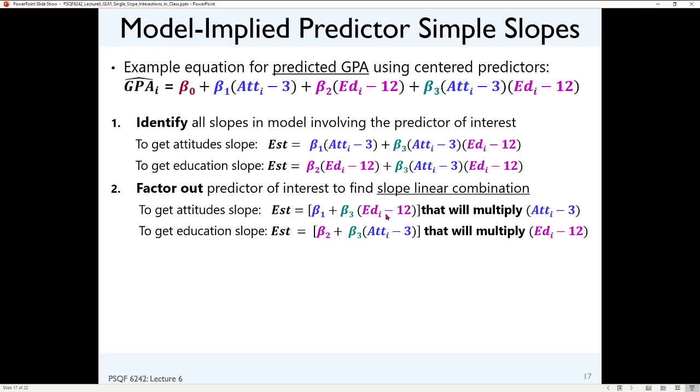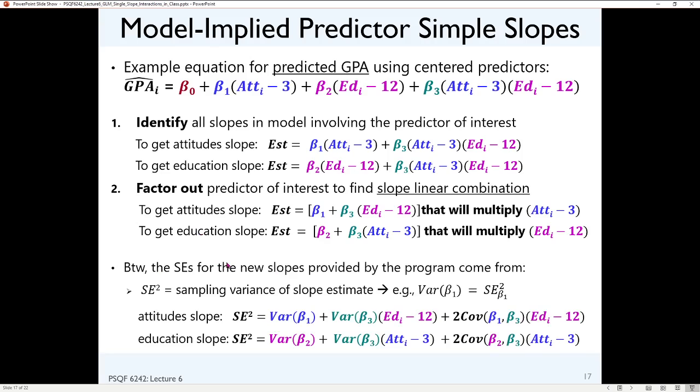Otherwise, we have to know the value of education for which we want the attitude slope. Likewise, if we factor the education variable out, stick it in the back, the linear combination is the simple main effect of education, which is specifically when attitudes is 0, because that's when the second term drops. Otherwise, we need to know the value of attitudes for which we want the education slope.